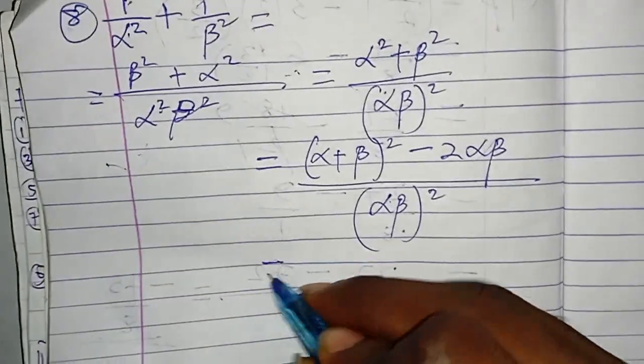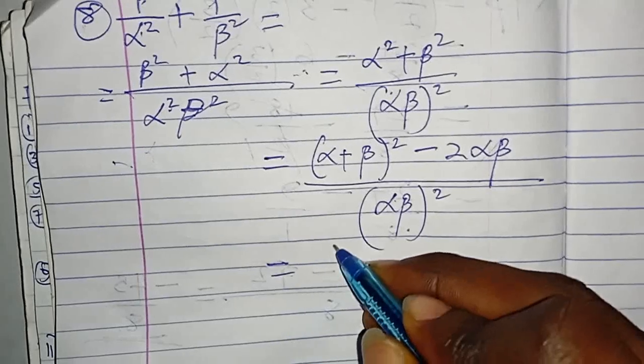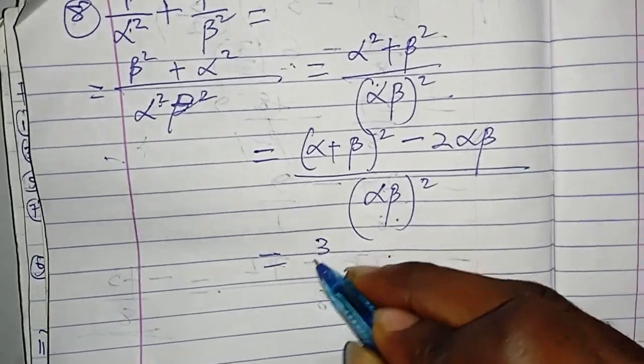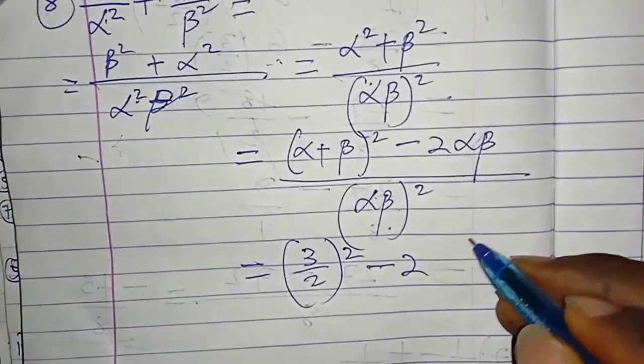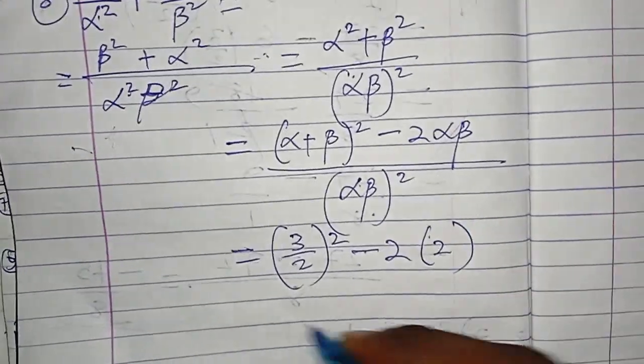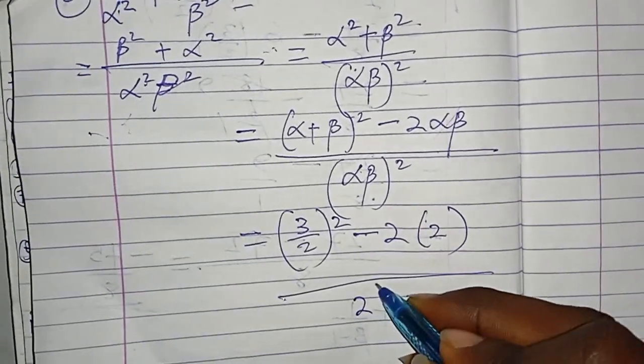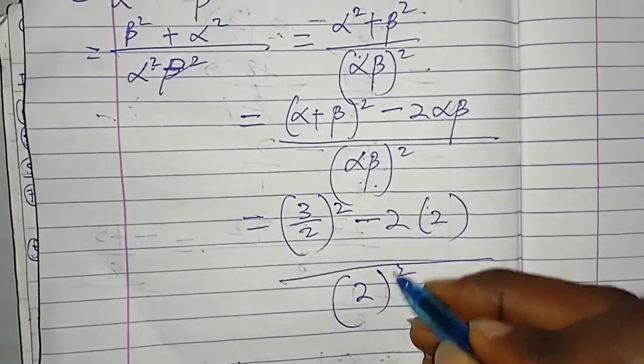So we can just say alpha plus beta in this question is 3 over 2 squared, minus 2 alpha beta is 2, all over 2 squared.